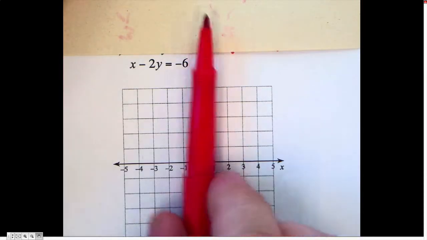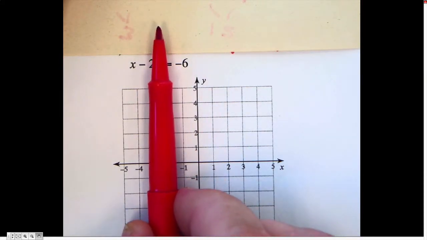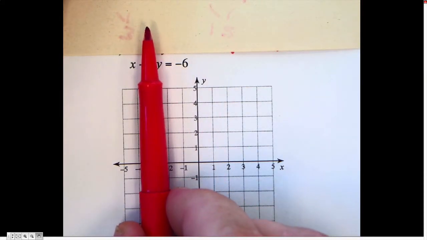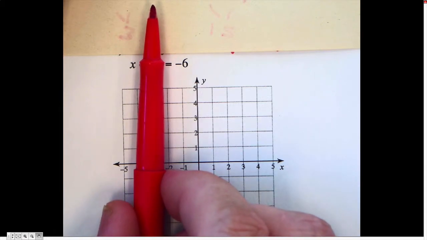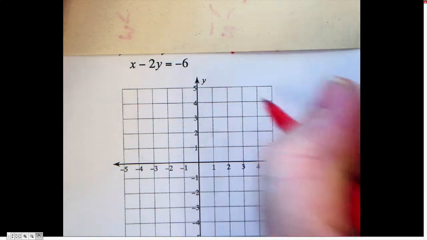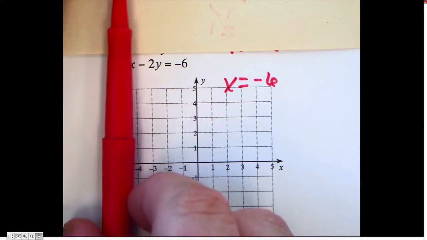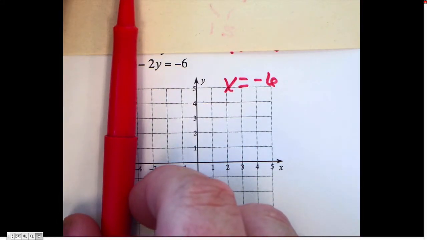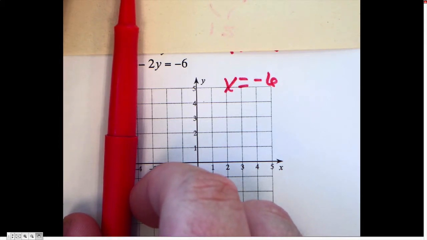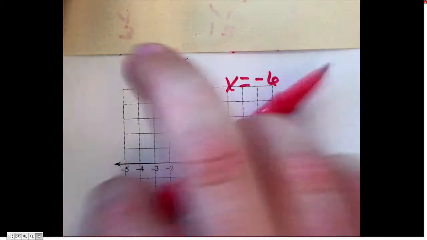Okay, now let's do the same thing for this one. X equals negative 6. And when we cover up the x, we get negative 2y equals negative 6. So we divide by a negative 2, and we get positive 3.